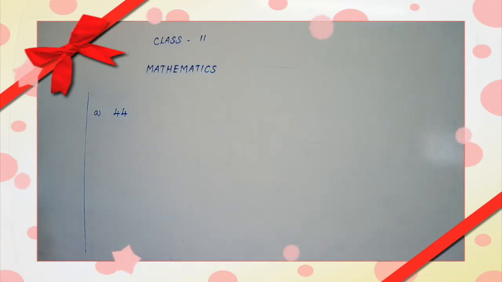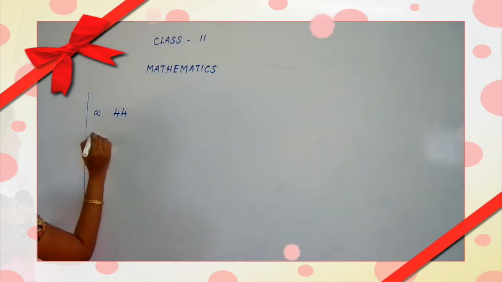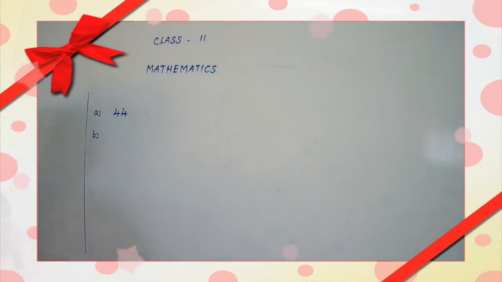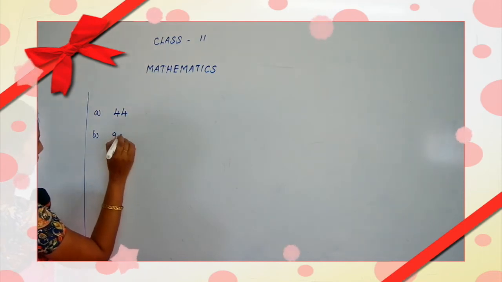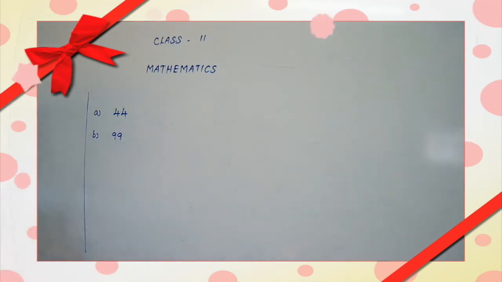The second one, B. What comes before 100? What will come? 99. Yes. Then see the third one, C option.